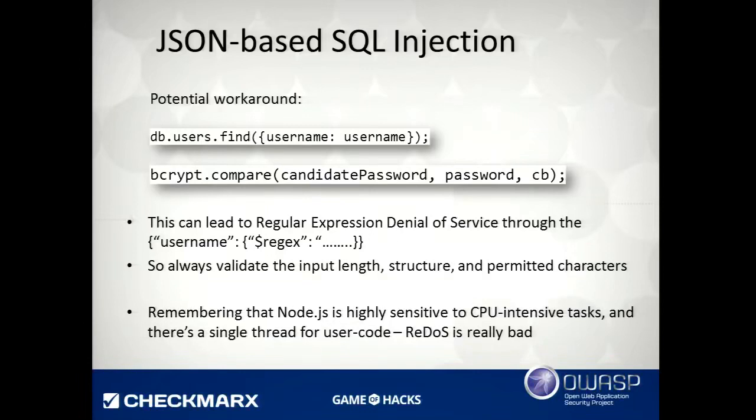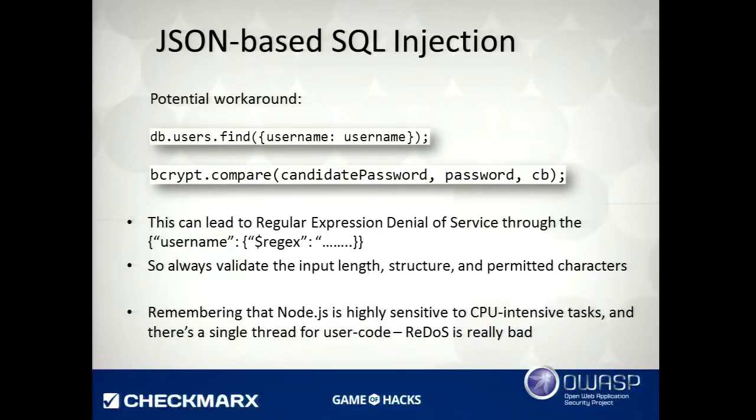Now that opens the application up to regex denial of service attacks. The idea is that regex is a very CPU-intensive operation, and as we just saw, Node.js doesn't really like CPU-intensive applications.